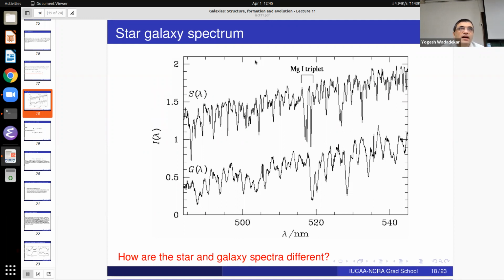So if the stellar spectrum is of a late-type star, then the galaxy spectrum should be of an elliptical galaxy. That spectrum there is dominated by late-type stars. On the other hand, if the stellar spectrum is an O-type star, it's not actually an O-type star, that's for sure.